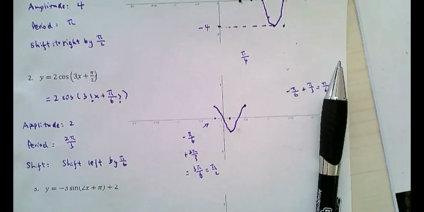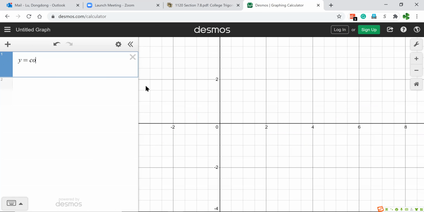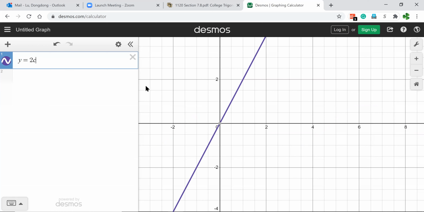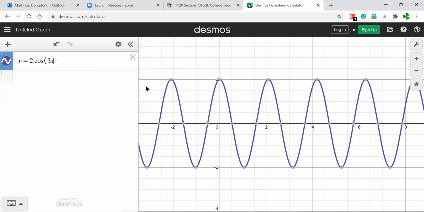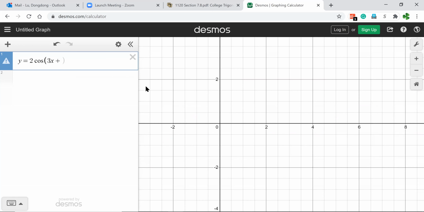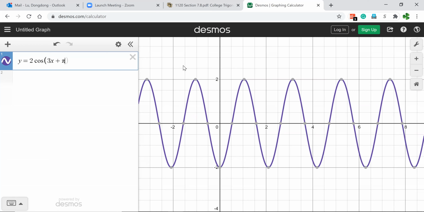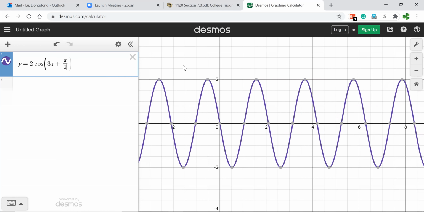So let's verify it on the graph, on the decimals. It's a function 3x plus pi over 2.